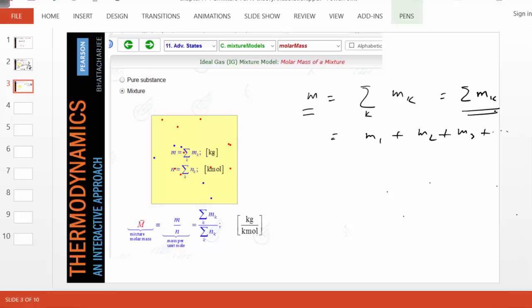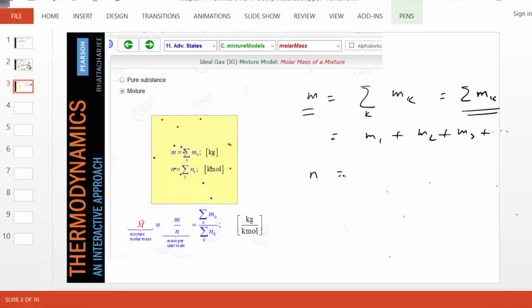So if I have a box with different gases, say oxygen, nitrogen, carbon dioxide, and I know the mass of each component, all I have to do is add those masses. Sometimes they're called partial masses, to get the total mass. Similarly, if I want to know the total number of moles in the gas or in the mixture: mole is essentially the count of molecules, right?